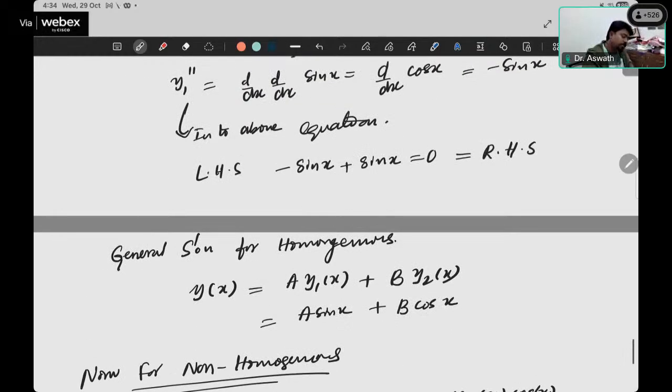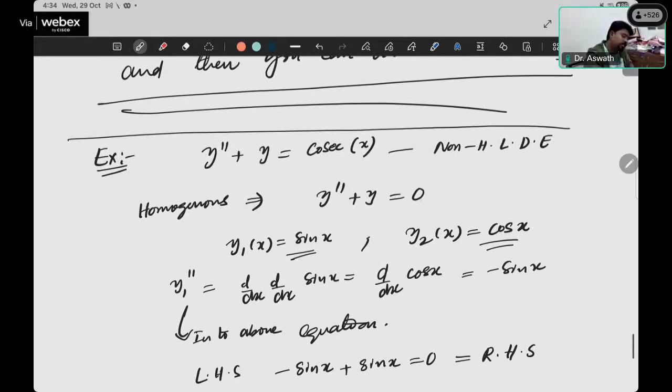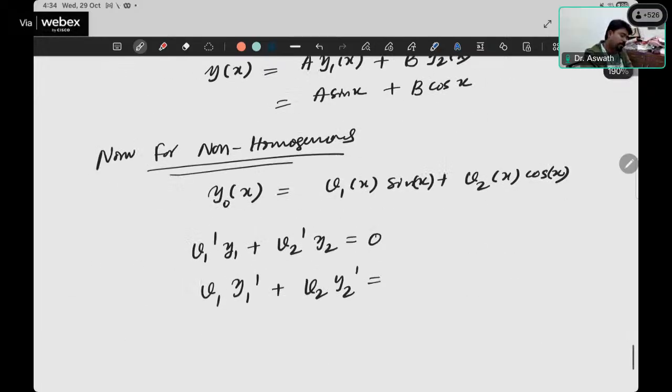What is r of x in our equation? r of x is cosec x, which is 1 by sin x.